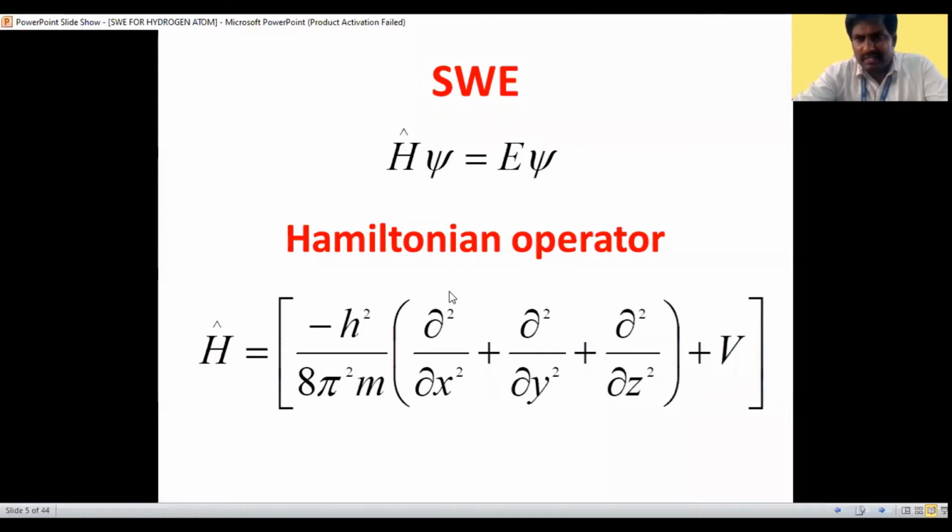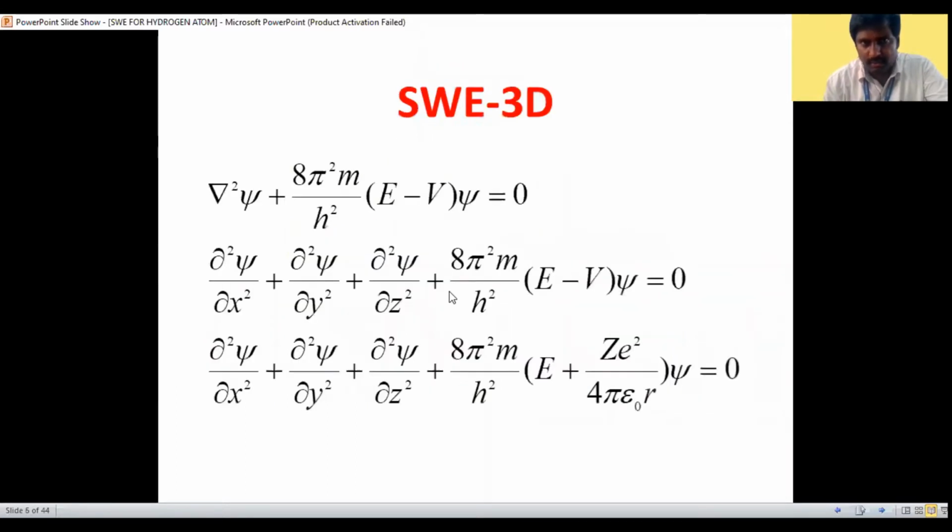We already know the Schrodinger wave equation, H cap psi equal to E psi. E is energy and H cap is the Hamiltonian operator. This Hamiltonian operator is minus h square by 8 pi square m into dou square by dou x square plus dou square by dou y square plus dou square by dou z square, plus V. V is potential energy.